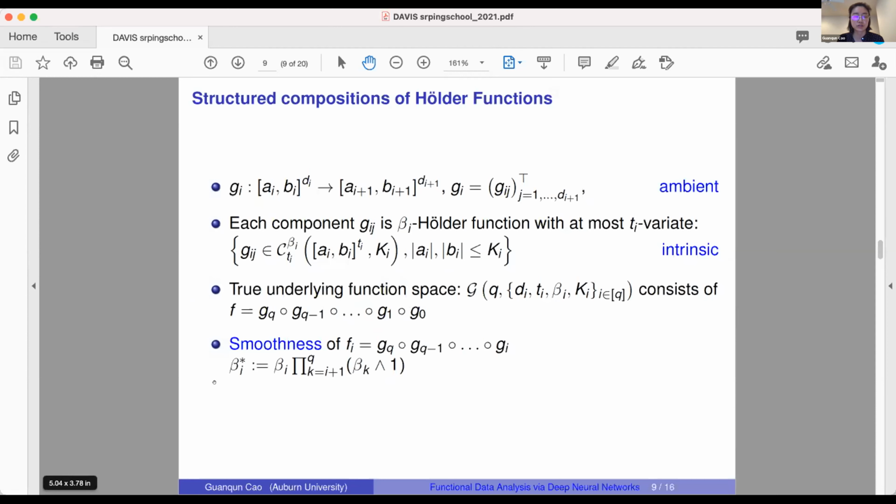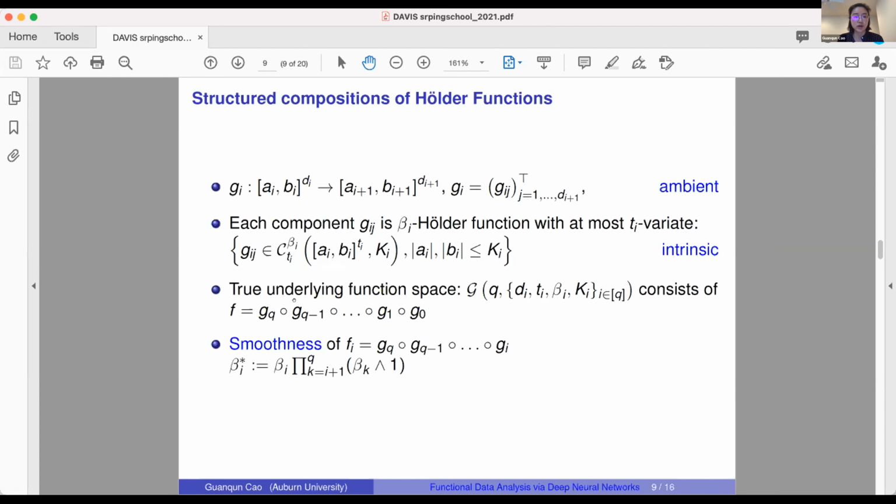Before I introduce the estimator, let me briefly mention the structured composition functions we are going to use. Here we assume we have a function vector g_i, from R^{d_i} to R^{d_{i+1}}, and each component g_ij is a beta_i Holder function. Although this function is beta_i Holder, the intrinsic dimension is t_i. Usually t_i is smaller than d_i.